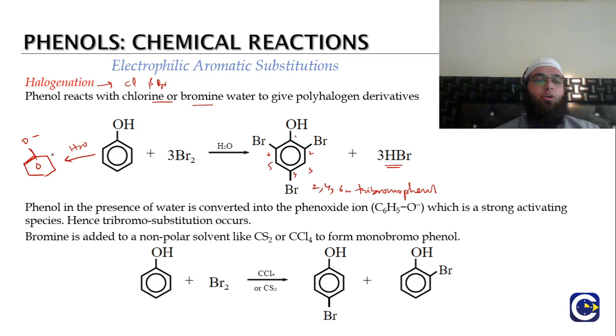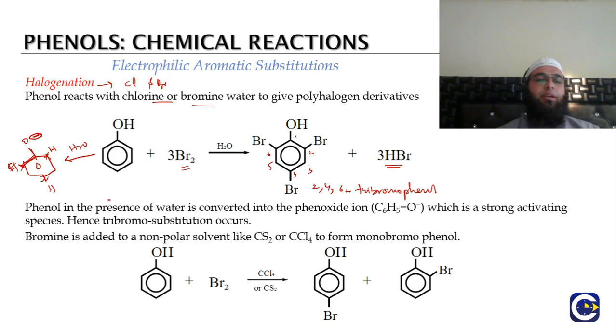As a result, all three C-H bonds, at the two ortho positions and the one para position, will be broken because of the activating effect of this negative charge of the phenoxide ion. As a result, both of the ortho positions and the para position will be substituted by bromine.